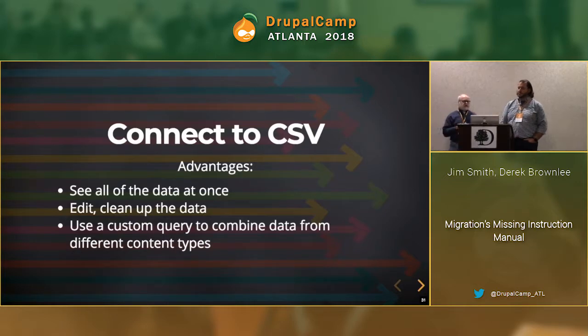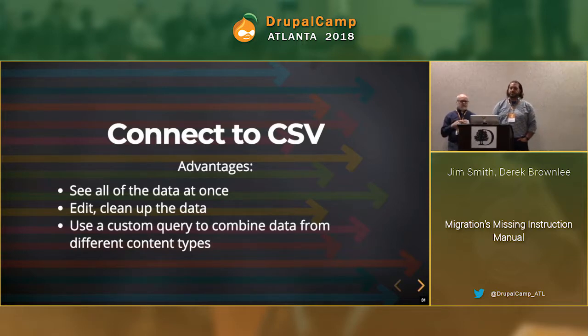We mentioned earlier that other sources can be used besides a database, and one of those is CSV, and that's a pretty common way to go. And we found that in some cases it is a very easy way to go. For one thing, the nice thing about CSV is, especially if you load it into Excel or something like that, you can see all of your data at once, and you can scroll down to look at all the different fields.